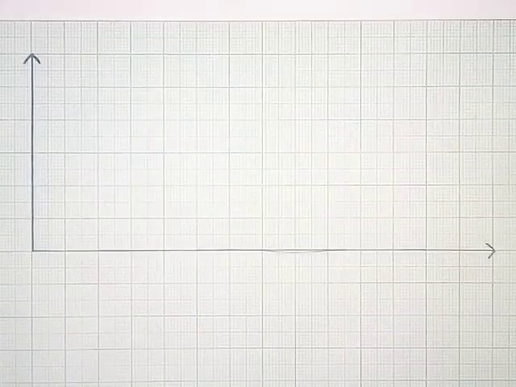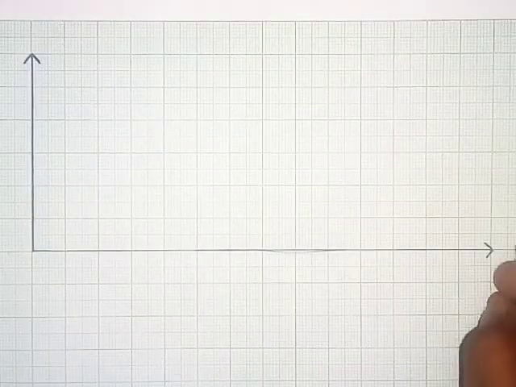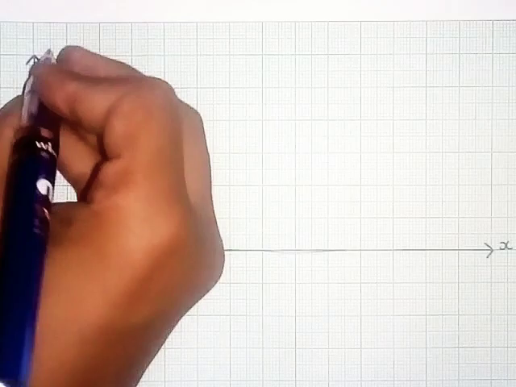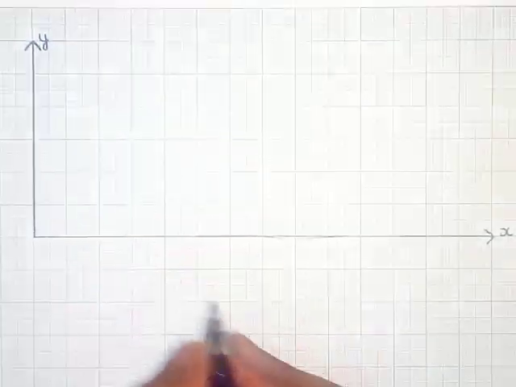Yes, drawn. Now see, we are ready with our x-axis and this is our y-axis.